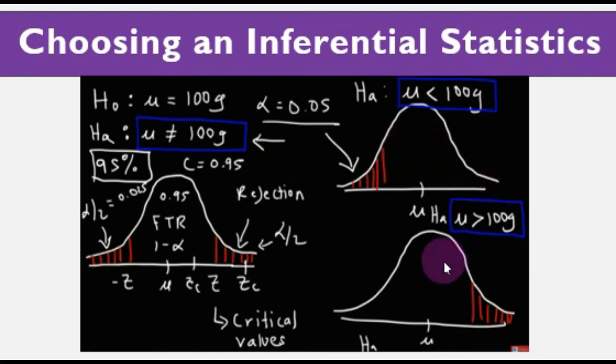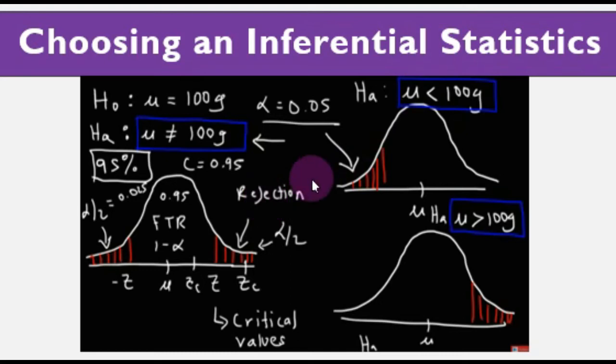Kapag sinabi naman natin na ang grams ng potato chips ay greater dun sa 100 grams, dapat dito sa area pumasok. Okay? So, pinagkaiba lang niya is the shading at kung paano at depende sa construction ng hypothesis statement mo para malaman kung mag-one-tailed ka or two-tailed din na gagamitin.